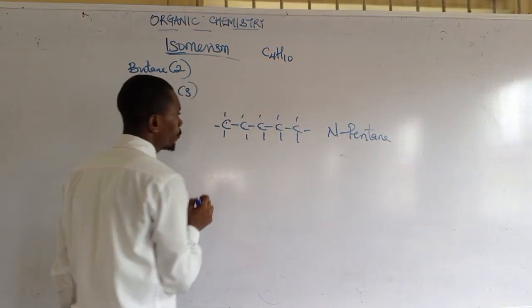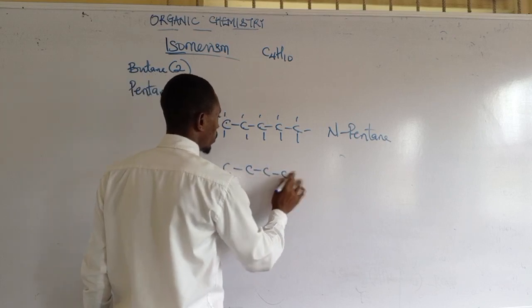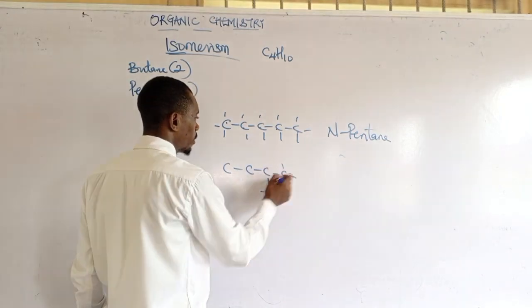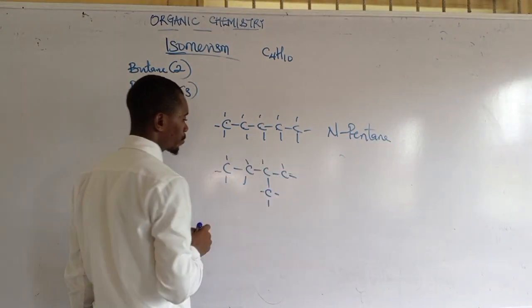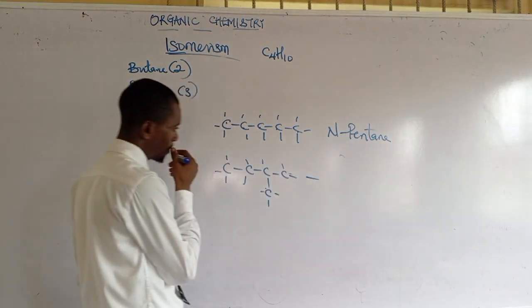So we could also form 1, 2, 3, 4, and put the last one here. This is now called 2-methylbutane.